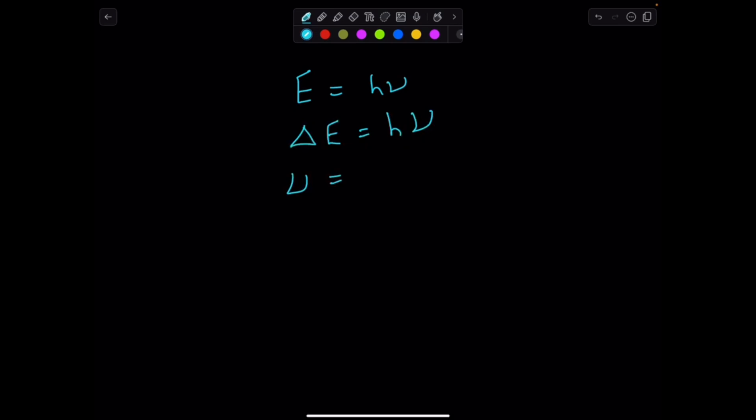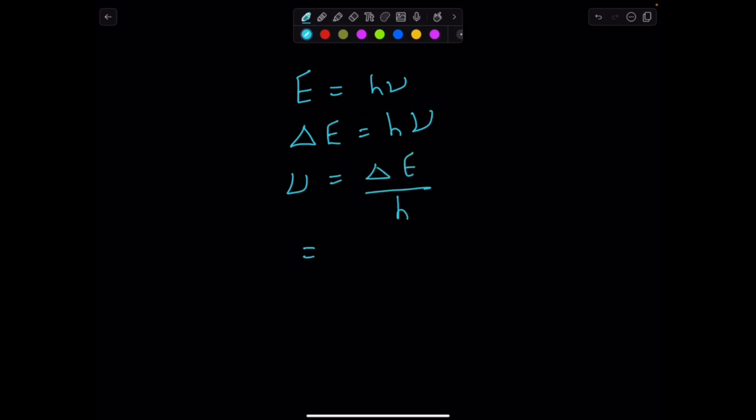The second part of the question is, we have to find the frequency of the radiation required to produce a transition between these two states. To find that, we can use E equals h nu, where nu is the frequency. So the frequency of radiation required to produce the transition between the two states would be delta E over h. So nu equals delta E over h.